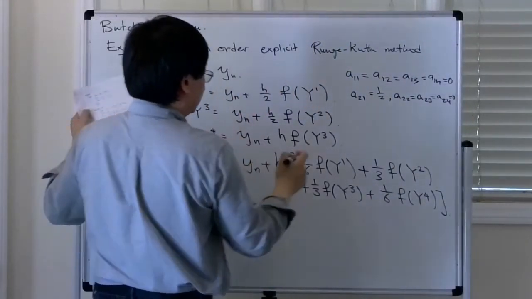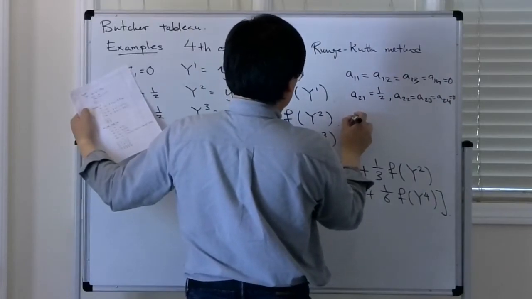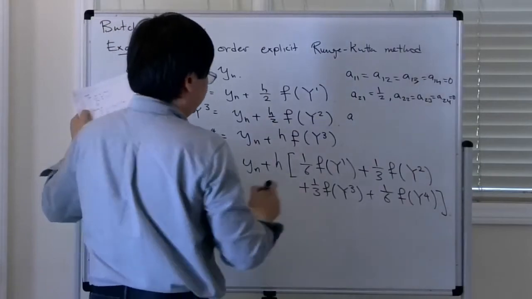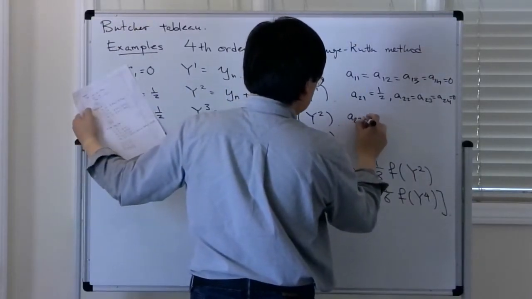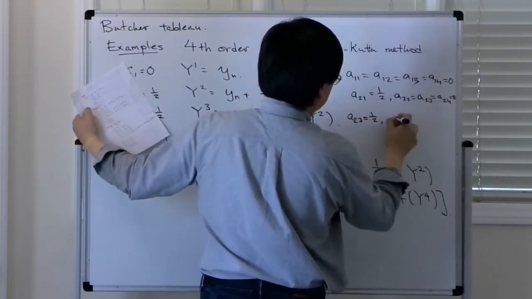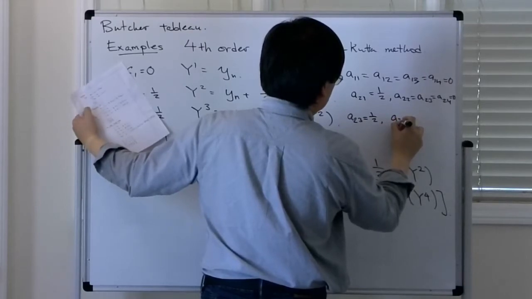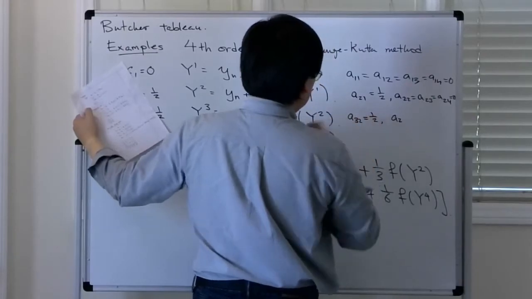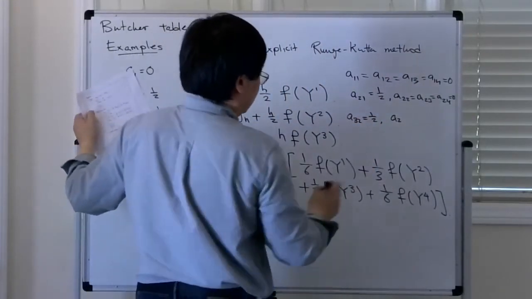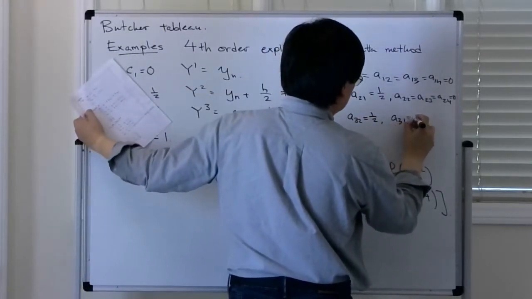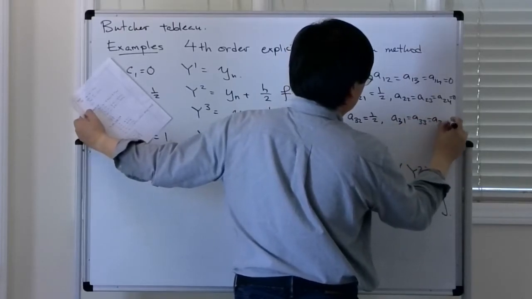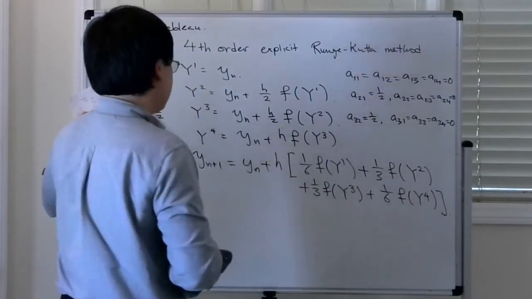From here, the first non-zero coefficient is a32, which is again 1/2, and then a31, a33, and a34 are 0.